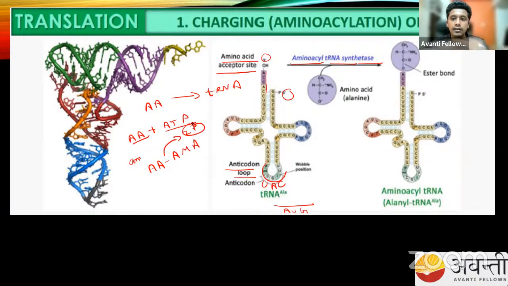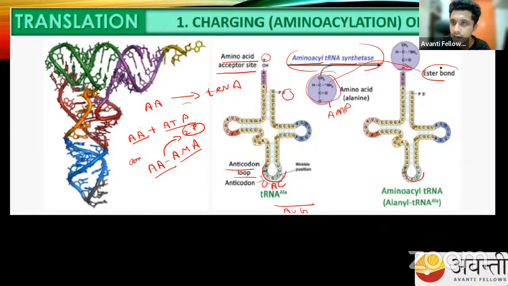Before it attaches to the tRNA, first it has to attach to an ATP molecule. Then the aminoacyl tRNA synthetase attaches the amino acid and AMP to a specific tRNA at the amino acid binding region, forming an ester bond.